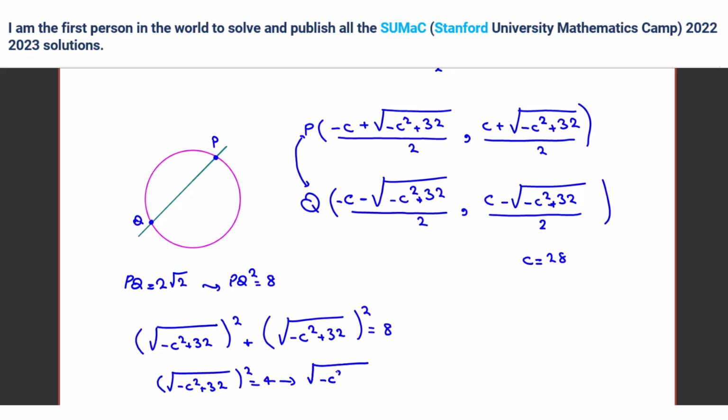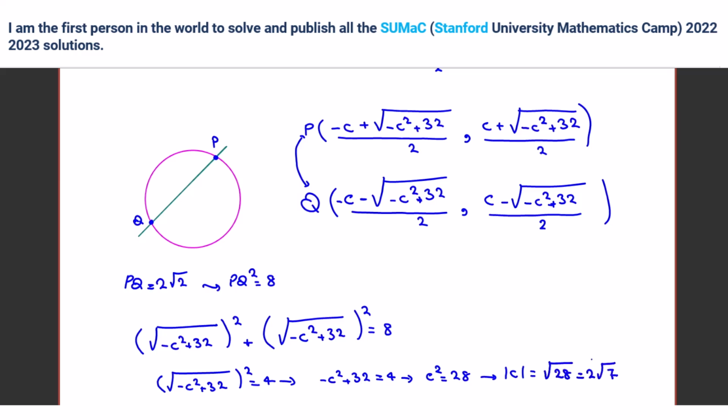So we can raise to the power of 2. So it's 4. So c squared is 28. So the absolute value of c is what? Root 28.